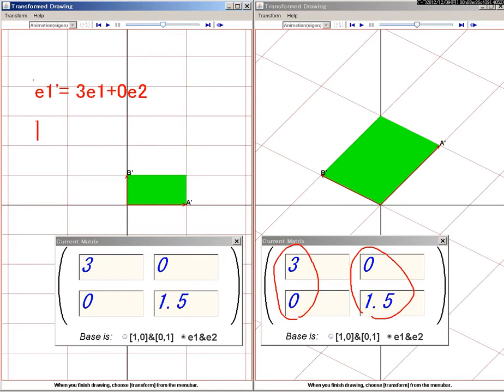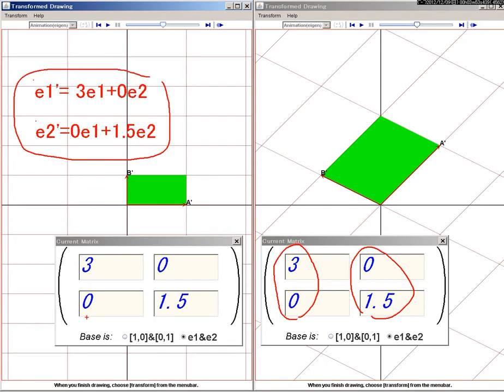And 0, 1.5 means E2' equals 0E1 plus 1.5E2. And these 3, 0 and 0, 1.5 mean the same.